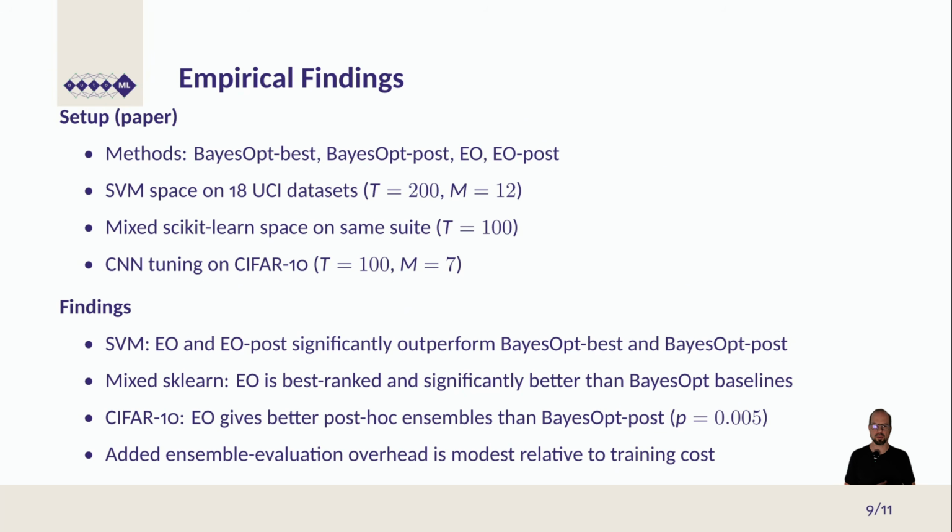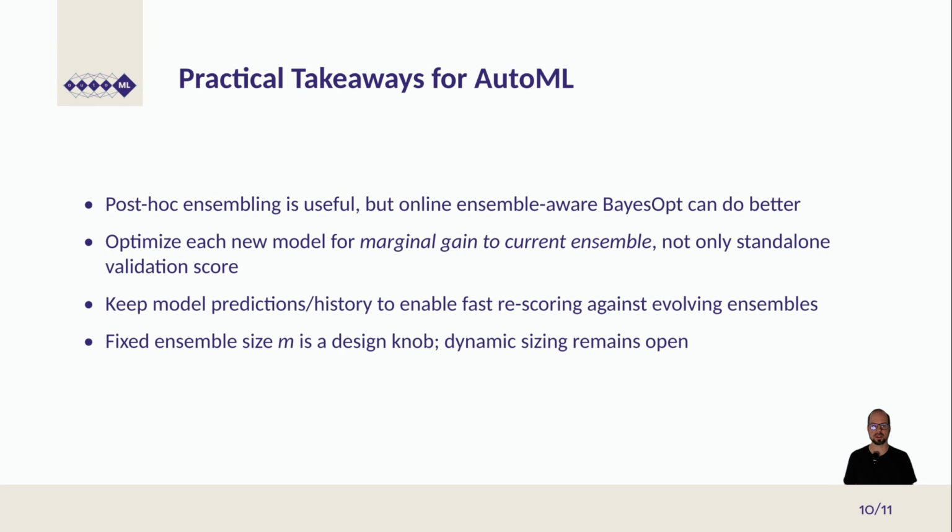And they also find that the ensemble evaluation overhead is modest relative to the training cost, so it's actually affordable to run their procedure. Some practical takeaways for automated machine learning. Post-hoc ensembling is useful, but separating ensembling and Bayesian optimization into 2 separate procedures might be harmful.